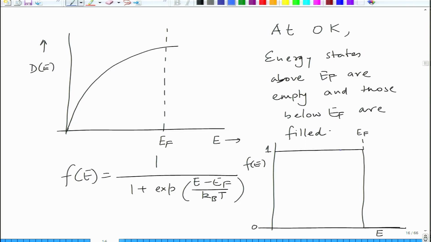So, it tends to go like this. This is at a temperature T1. If you go to temperature T2, it goes like that, something like that. It is not drawn very well, but something like that.